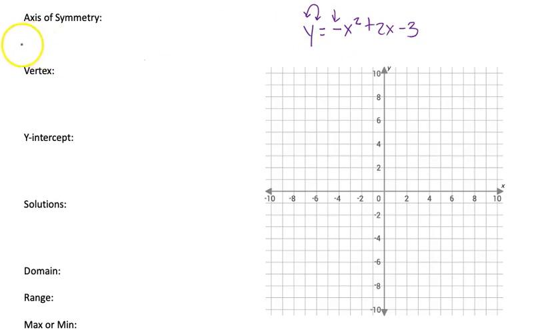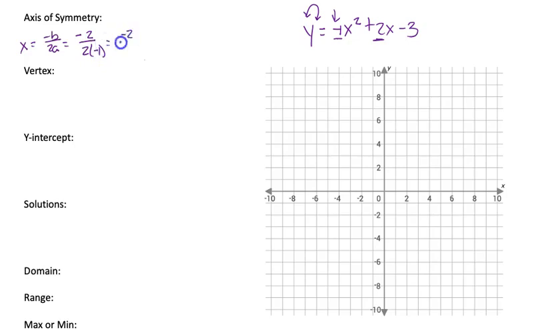We're going to start with the axis of symmetry. So x equals negative b over 2a. Negative b, the b value is with x, so the b value here is 2, over 2 times a. And the a value, remember this is like negative 1, so the a value is negative 1.